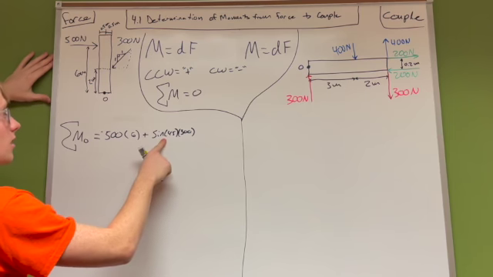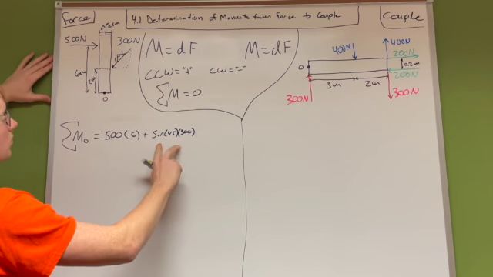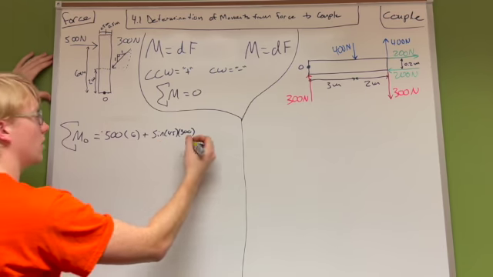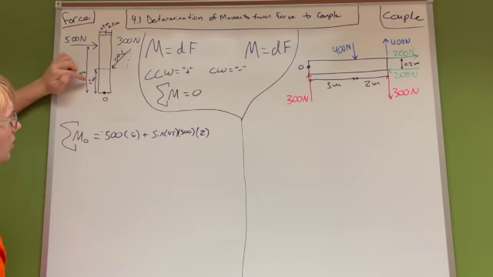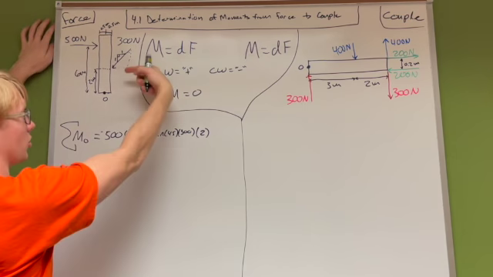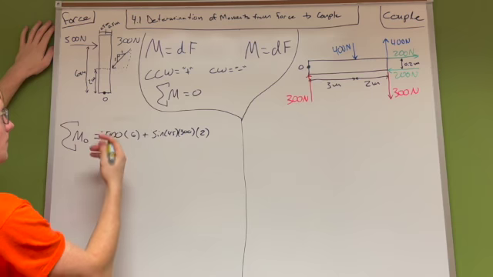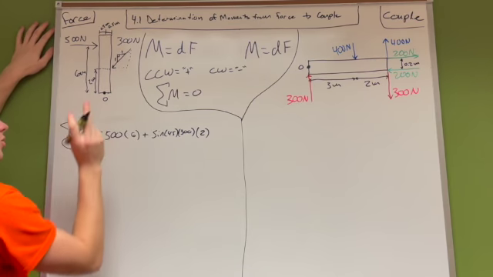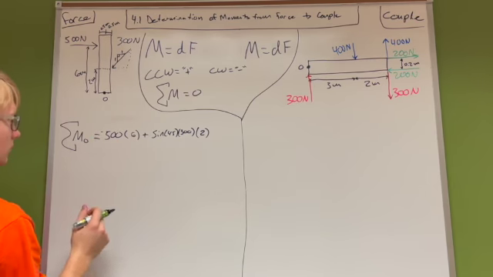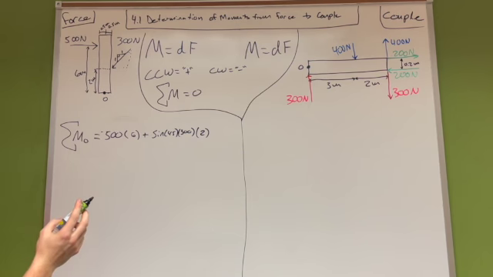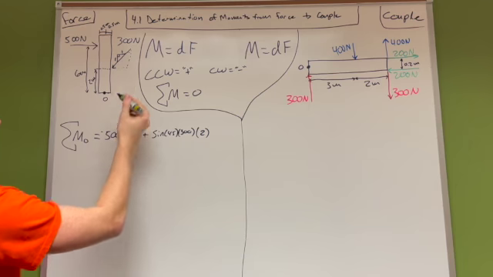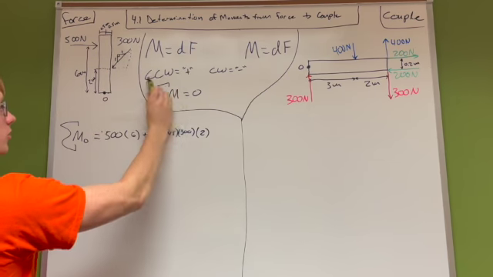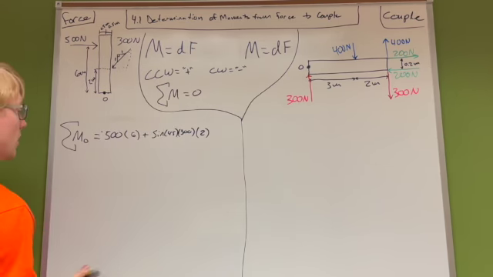This is the distance now, or no, I'm sorry, this is the force, yes. We're going to multiply that by the distance, which is 2 meters. Okay? Because this is the x portion, right? So the perpendicular distance is 2. It's positive, right? Because it's creating a counterclockwise moment, which means our moment is positive.